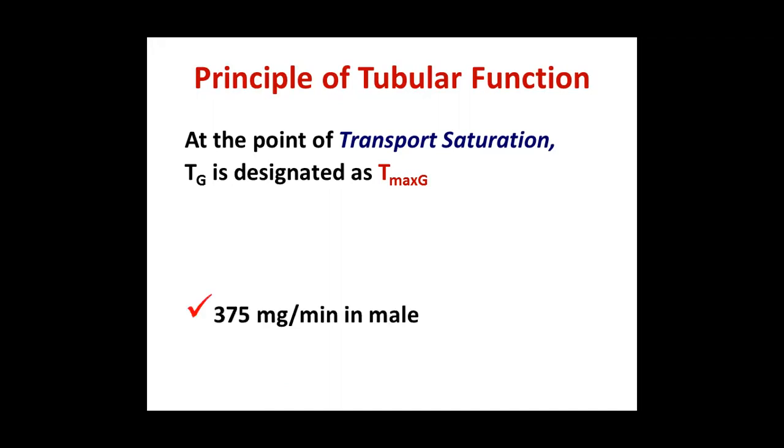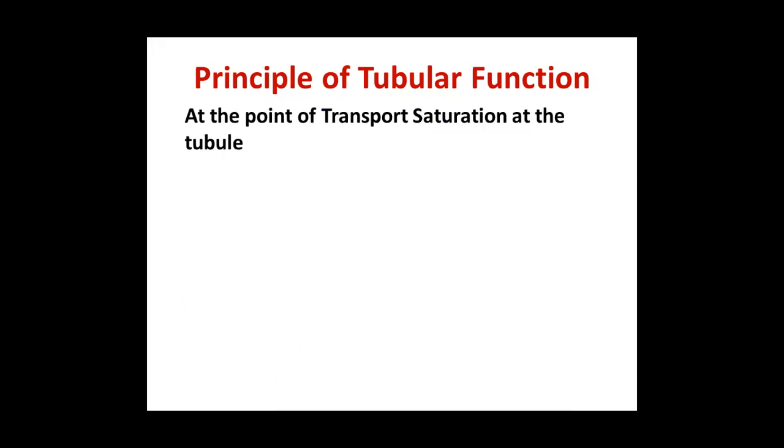For male, it is around 375 milligram per minute. Try to appreciate the unit: 375 milligram per minute, that means mass per unit time, in male, and 307 milligram per minute in female. So this is the transport maximum for glucose. Please remember these values.